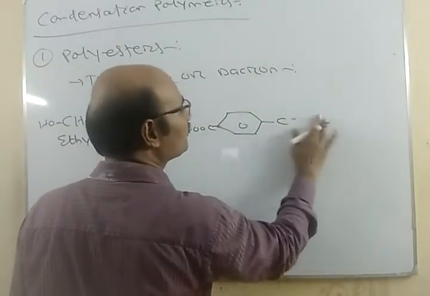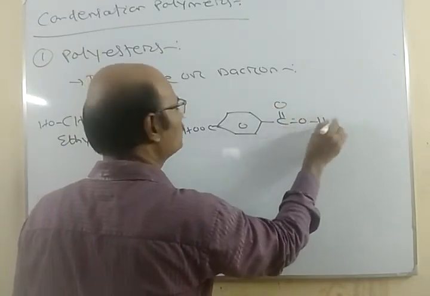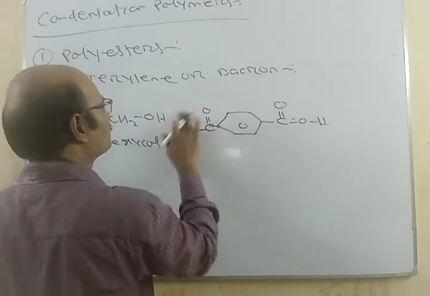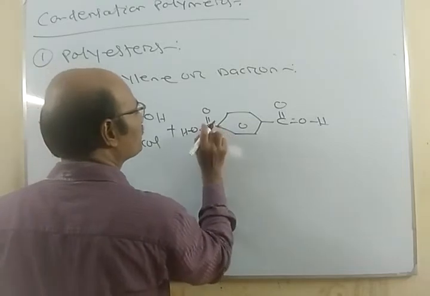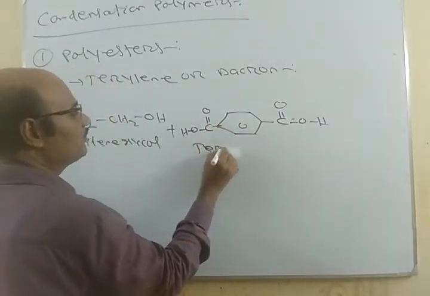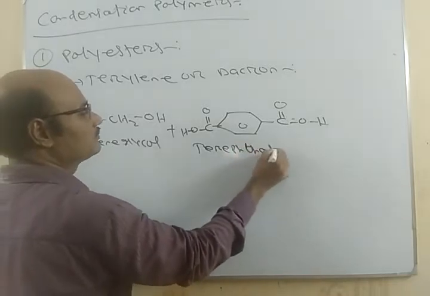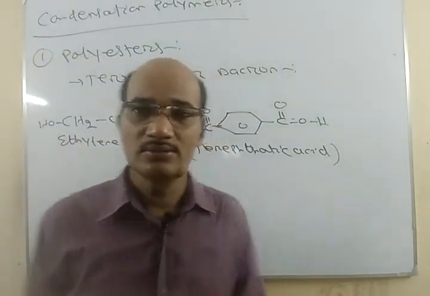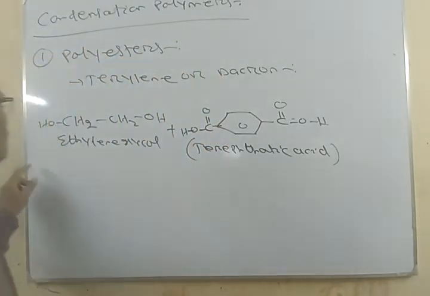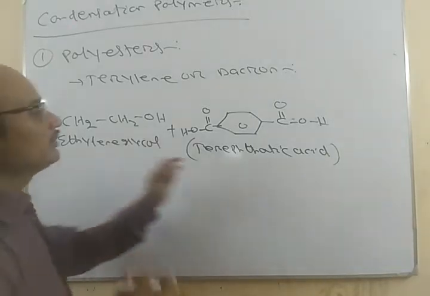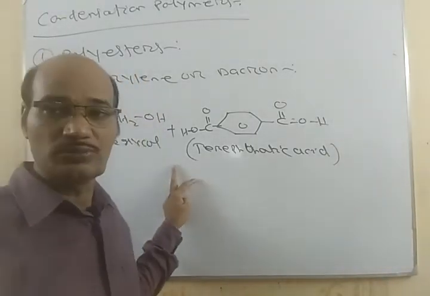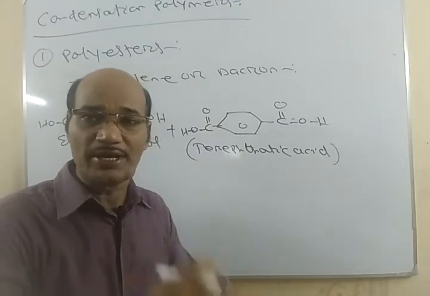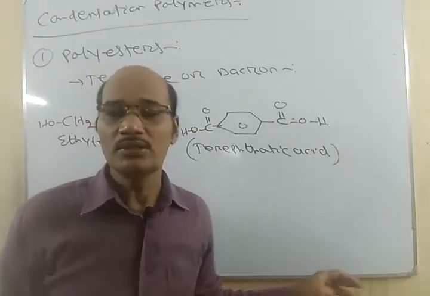I can write it like this: C double bond O OH. Here also C double bond O OH. This is terephthalic acid. So here you see the monomers are two different monomers, ethylene glycol and terephthalic acid. Now these two molecules will condense to form a single unit. That single unit will repeat over and again to give the polymer terylene.